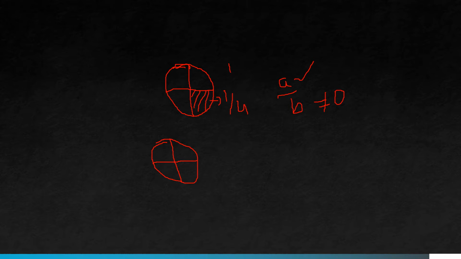Now we can cut again, and each one part will be denoted as 1 upon 8. 1 upon 8 means there was one pizza, and we made 8 equal pieces, and a single piece will be denoted as 1 upon 8, because we are taking a part of one pizza. So all these fractions, 1 upon 4, 1 upon 8, obviously will be less than 1.